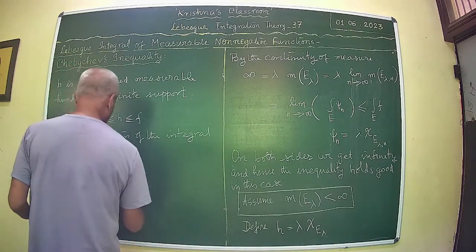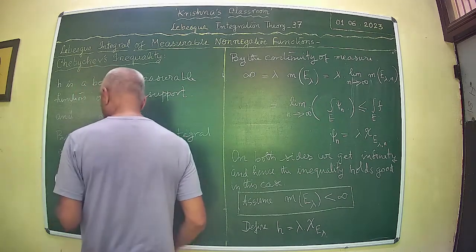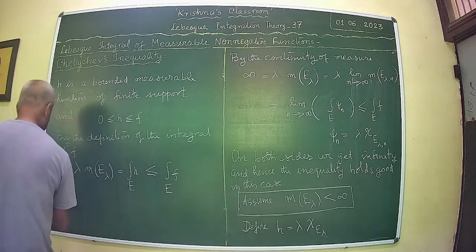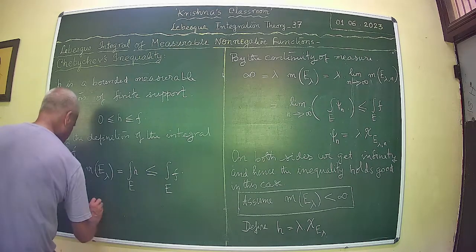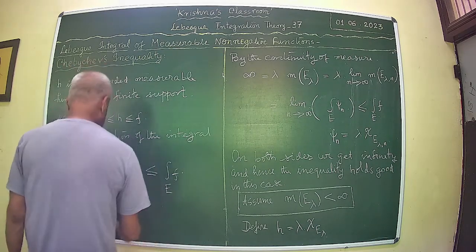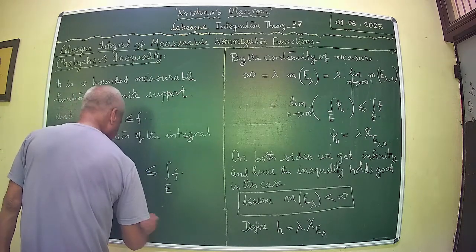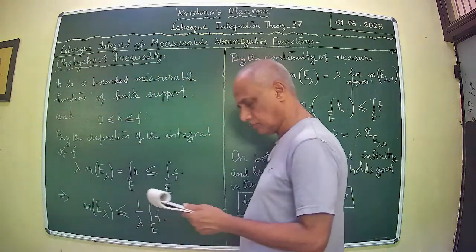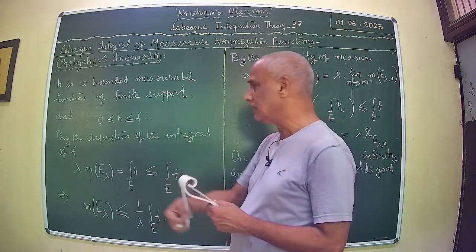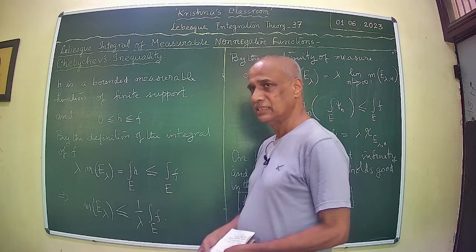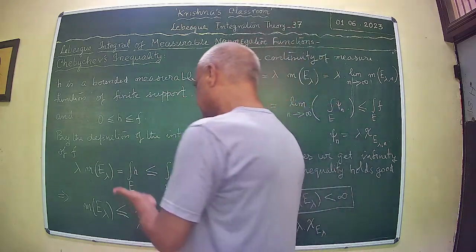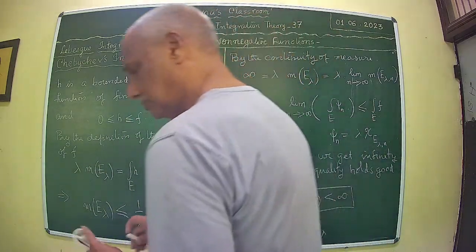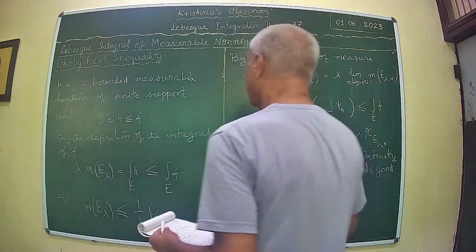This is equal to integral over E h, and this is less than or equal to... Therefore, which implies measure of E lambda is less than or equal to 1 upon lambda integral over E f, so that the inequality follows. So this is a very nice estimate of the measure of the set on which the function f exceeds the value lambda. We shall see how we are going to make use of this.